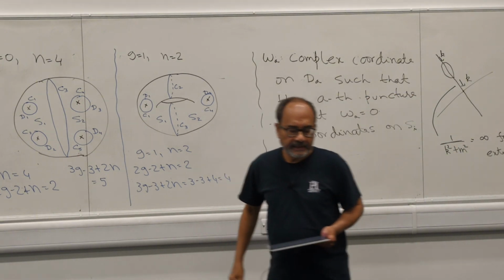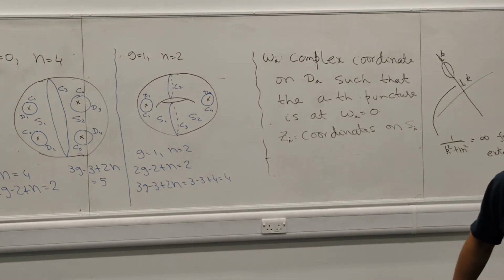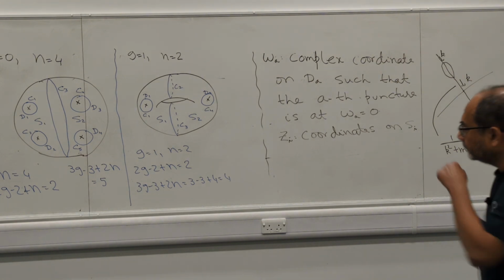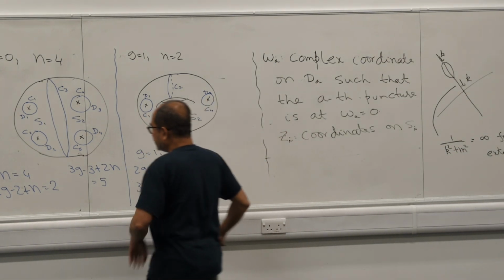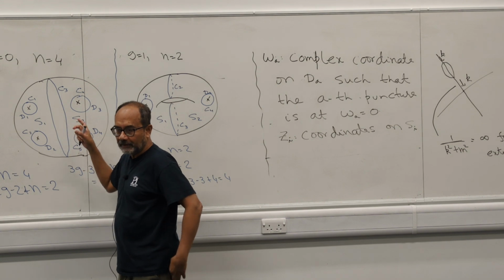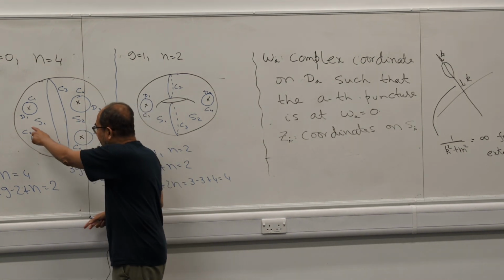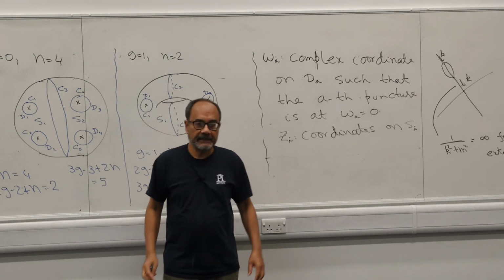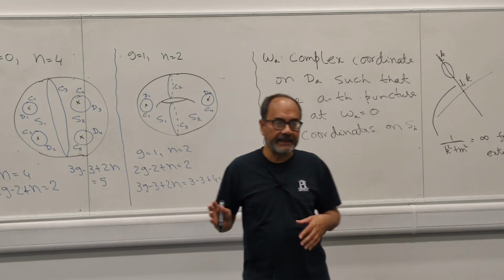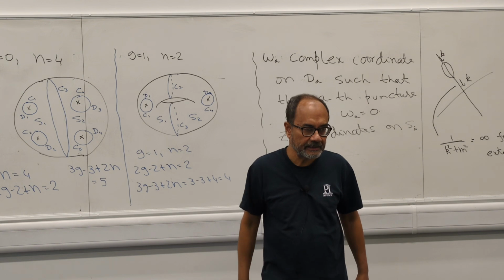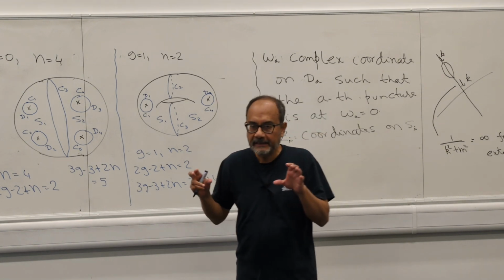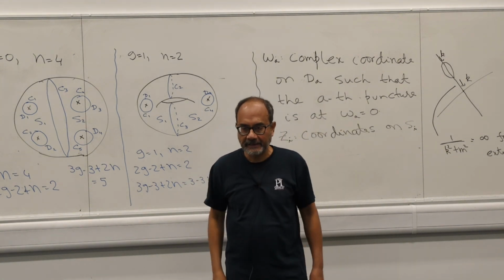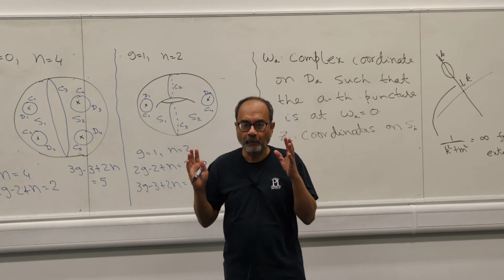And the moduli of the Riemann surface, that information is encoded in the transition functions across the circles. Right? That's the statement that WA and Zi are related by certain relations along the circles. And those are the functional relations that capture the information about the moduli space of the sphere.